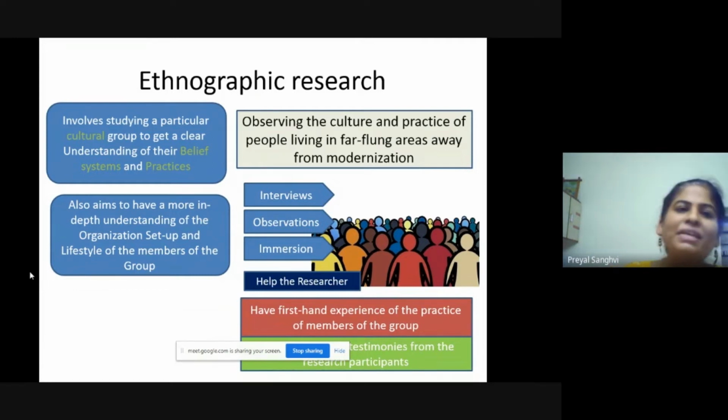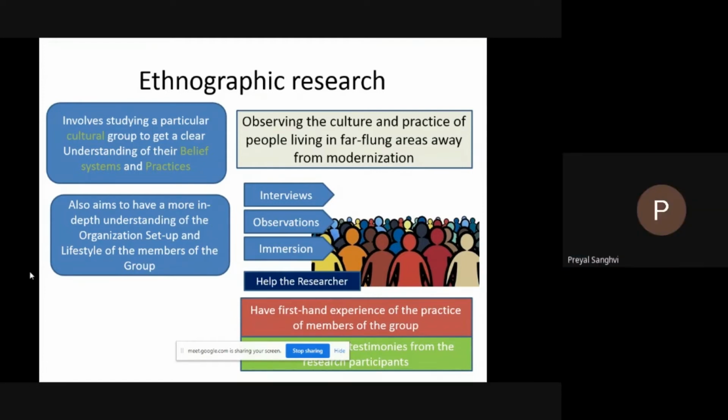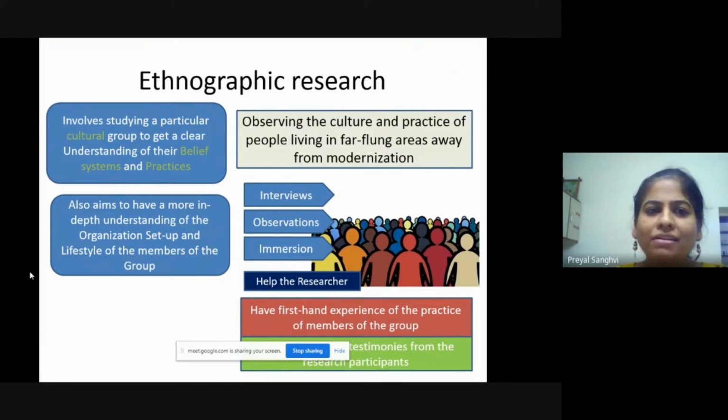So this is ethnographic research. It is used when we want to understand the belief system, the culture, the values, and the lifestyle.